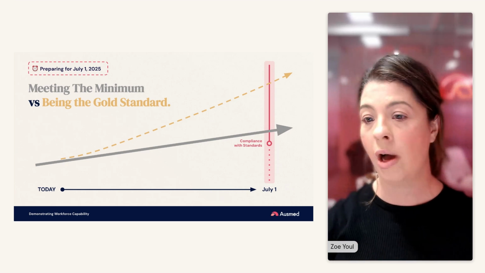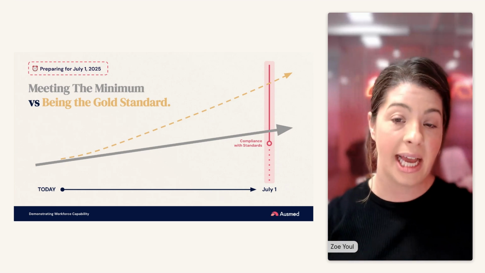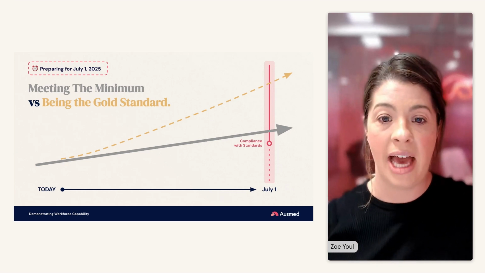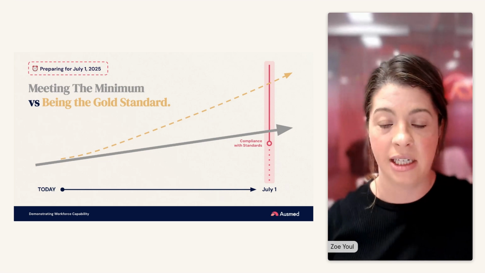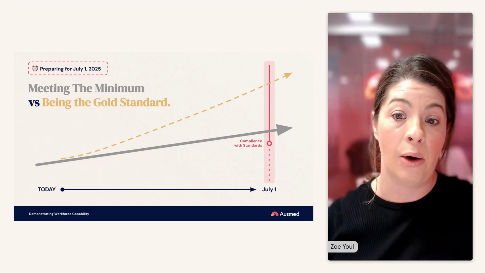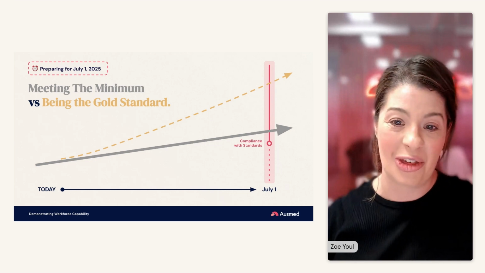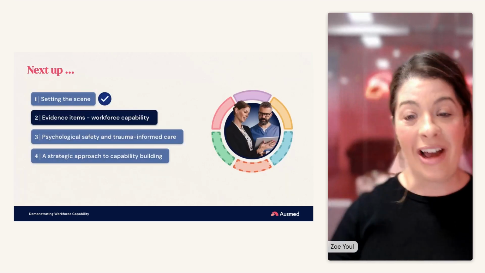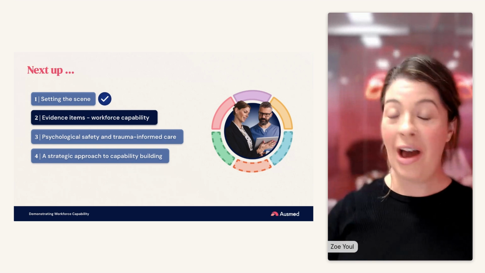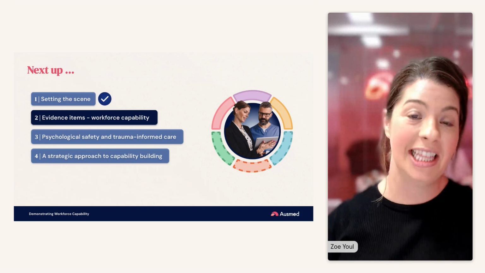One step at a time, one day at a time, but we can get to that gold standard, that best practice when it comes to what we want for our organizations. And you're leading that journey to this destination. All right, I will pause. I hope that has set the scene.